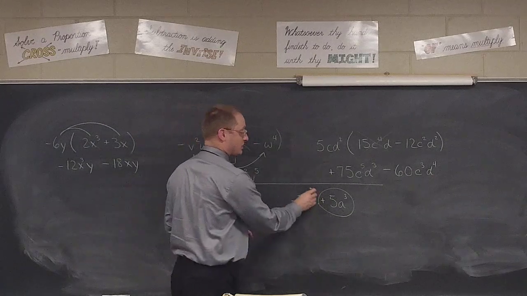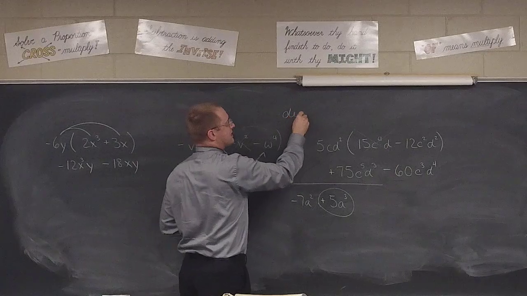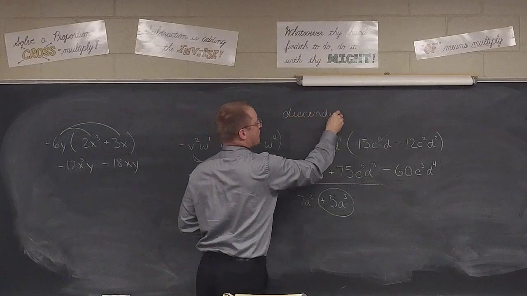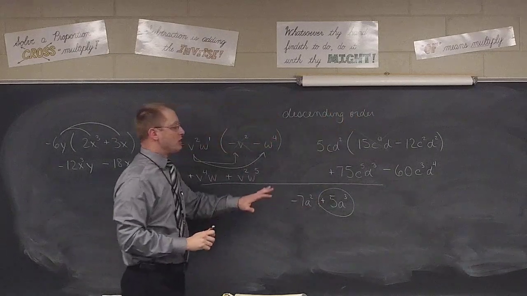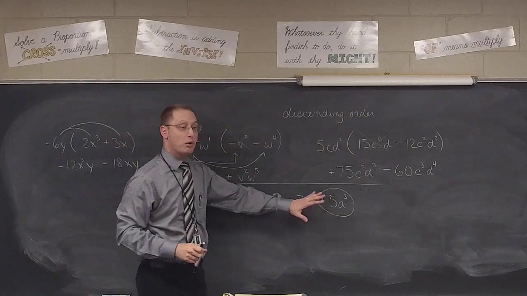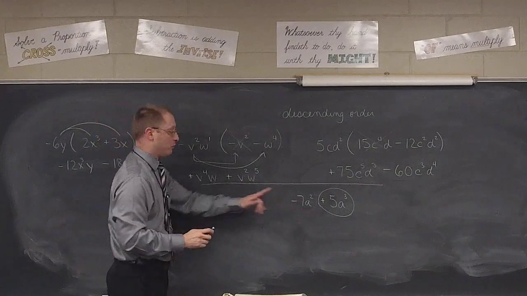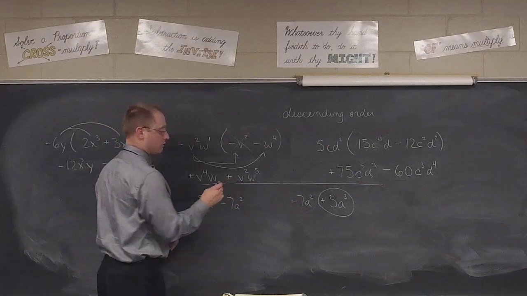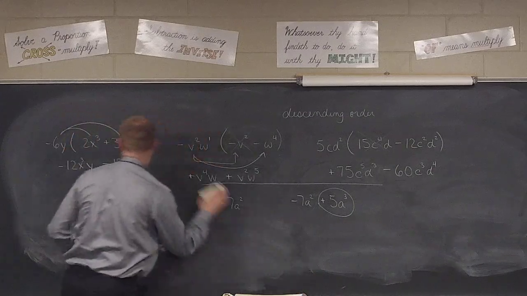This is a less powerful term. And so there's something in algebra called descending order of power. Or we generally just say descending order, where when you write your answer, you want the most powerful term written first, 5a cubed, and the less powerful term, negative 7a squared, written later. Does that make sense?